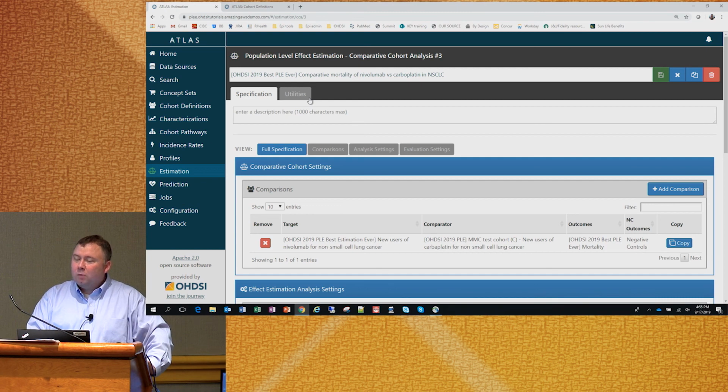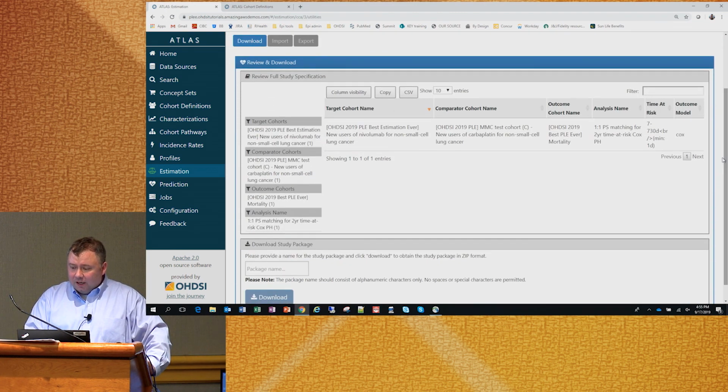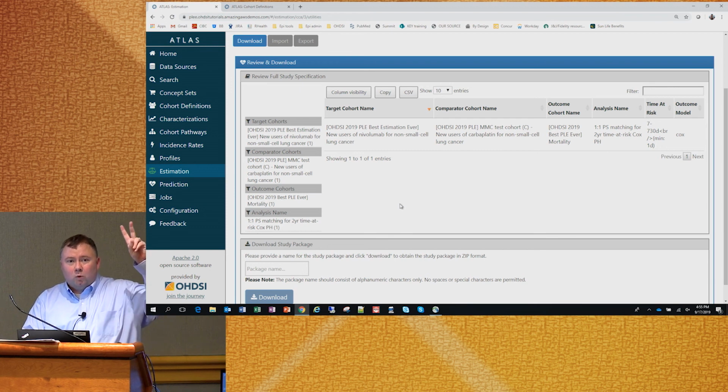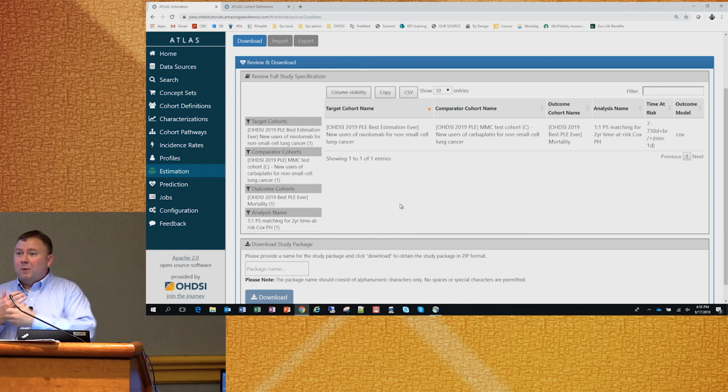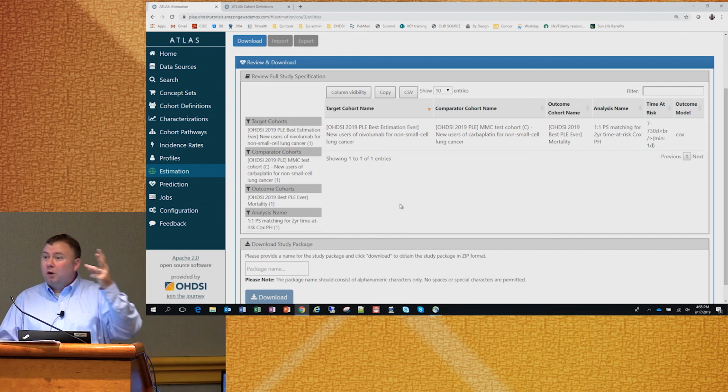So to understand what that design means, not just that we clicked through a form, you can actually read and review everything that we've decided on. In this particular case, we chose to do 1 target, 1 comparator, 1 outcome, and 1 analysis specification. However, deliberately, the way we developed this tool is you might want to study multiple targets, multiple comparators and multiple outcomes.